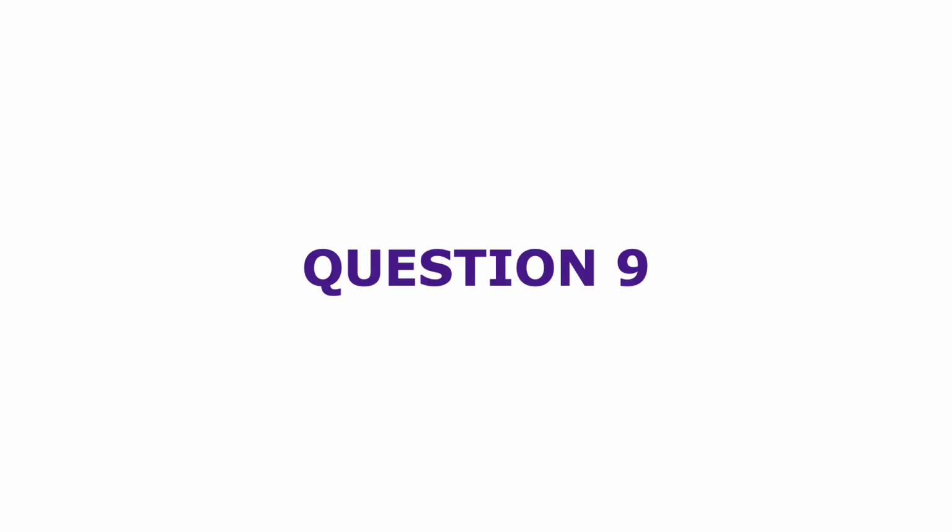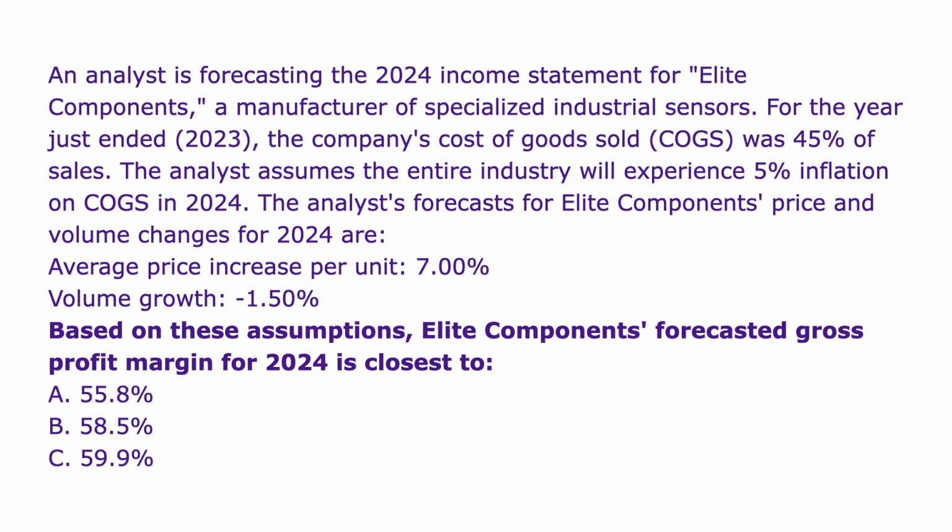Question 9. An analyst is forecasting the 2024 income statement for Elite Components, a manufacturer of specialized industrial sensors. For the year just ended, 2023, the company's cost of goods sold, COGS, was 45% of sales. The analyst assumes the entire industry will experience 5% inflation on COGS in 2024.